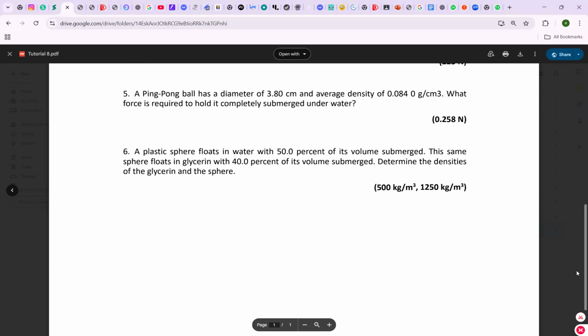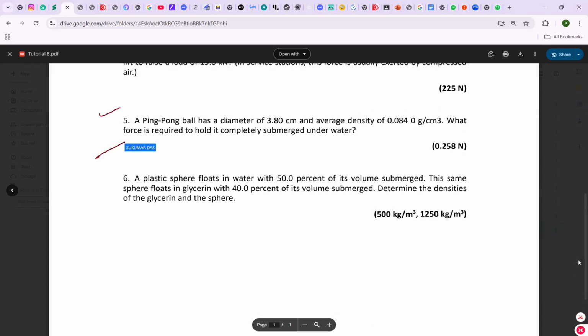For 5 and 6, we have to see Archimedes principle. Just one concept and this will be done. That we can do tomorrow. For now, I'll just memorize the things we did.